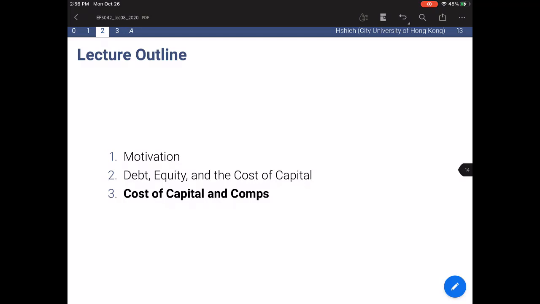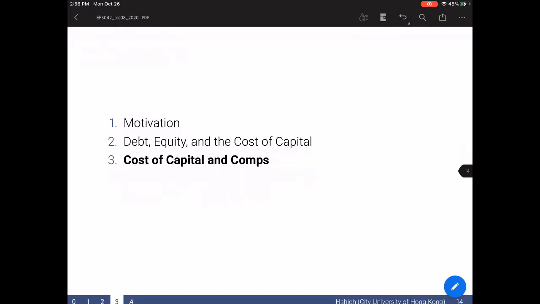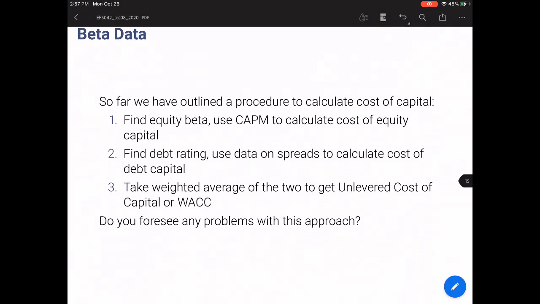So let's dive a little bit deeper into this feature of using the WACC formula. So far we have outlined a procedure to calculate the cost of capital. We find the equity beta using CAPM. For the debt beta, if we can't find prices of their corporate bonds being traded, we rely on the debt rating, and therefore using the spread allows us to calculate the cost of debt.